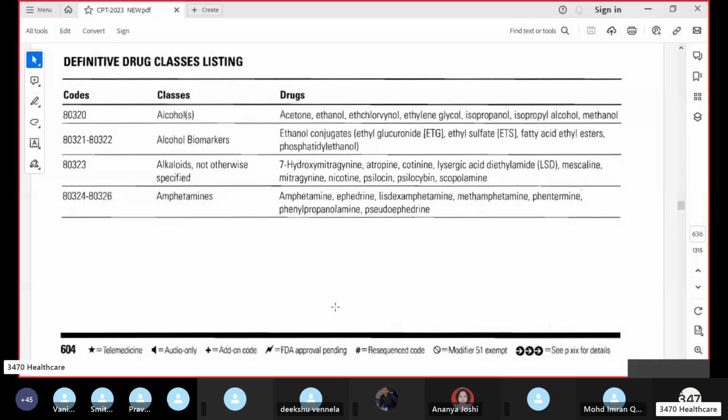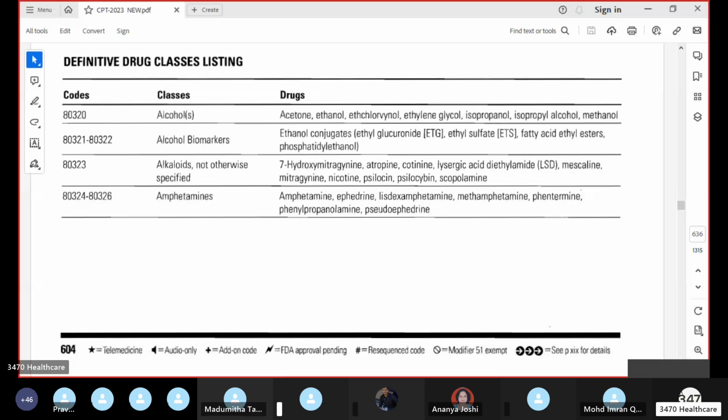Acetone, ethanol, ethylene glycol, isopropanol, isopropyl alcohol, methanol: what class is it falling under?